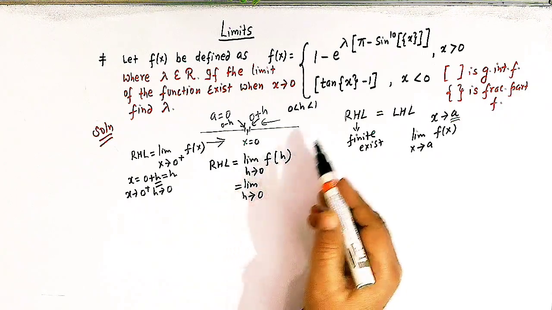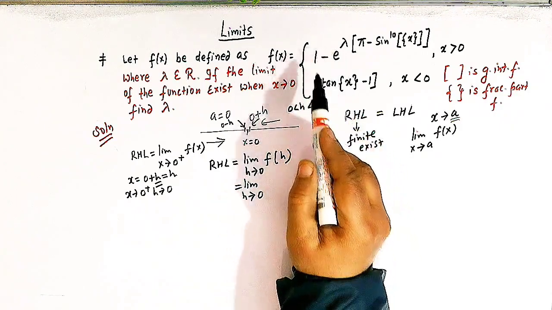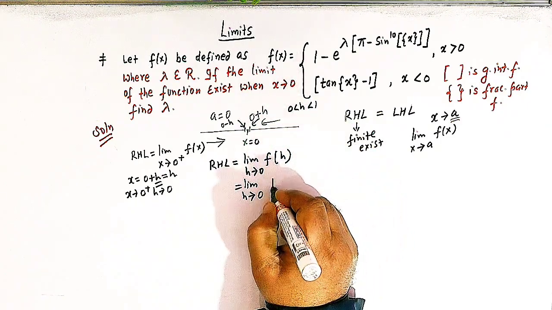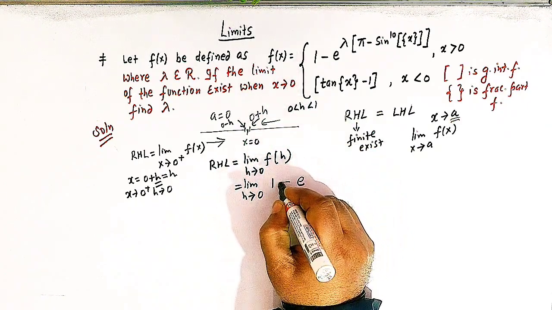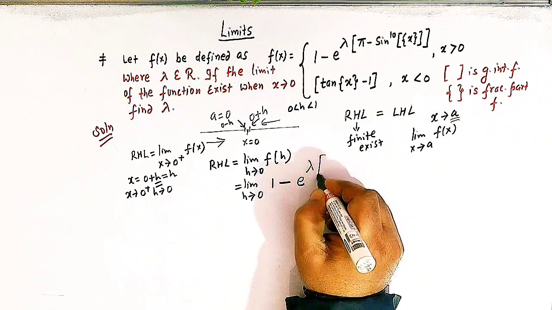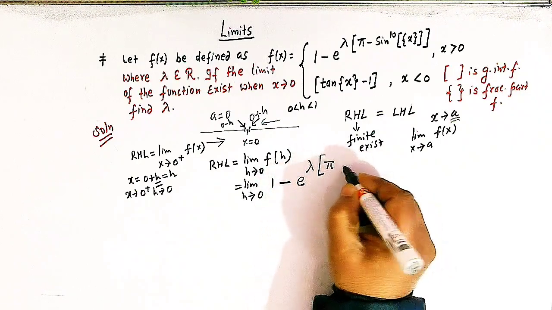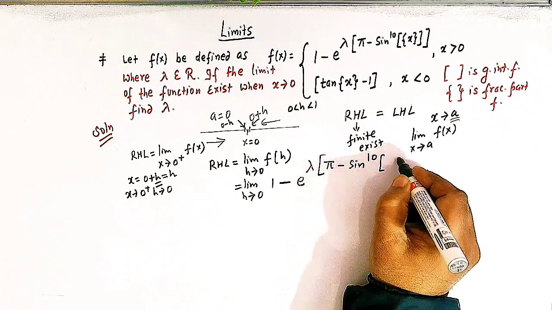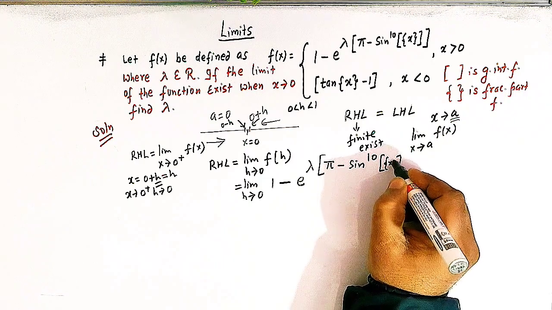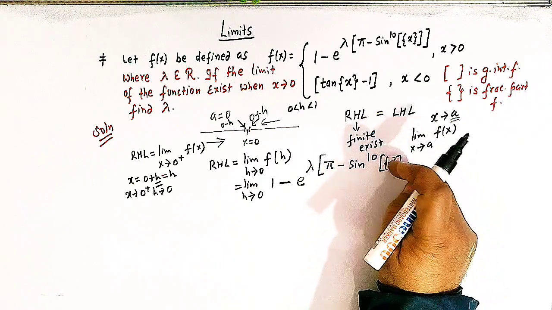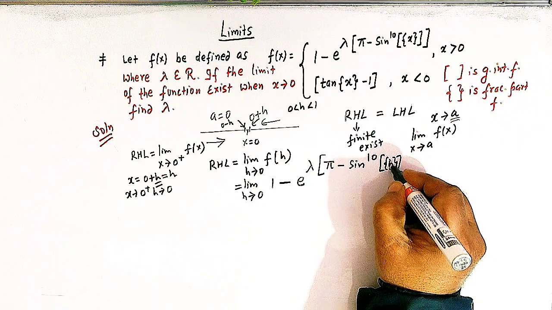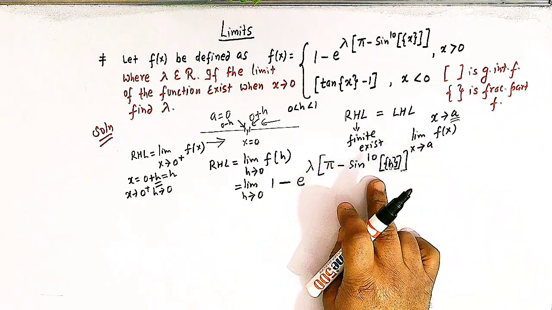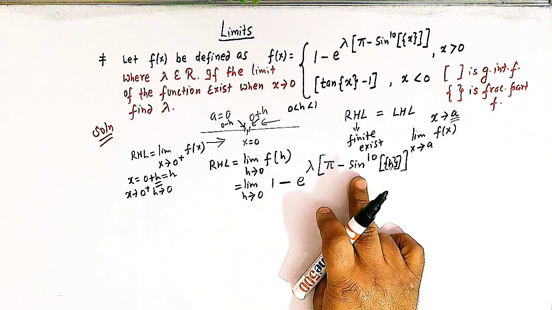So f of h may be written by replacing x by h. So we have 1 minus e raised to lambda times [pi minus sin x]^10, and greatest integer of fractional part of x. Here x can be written as h, and here we have greatest integer function. So now we have to evaluate this limit.